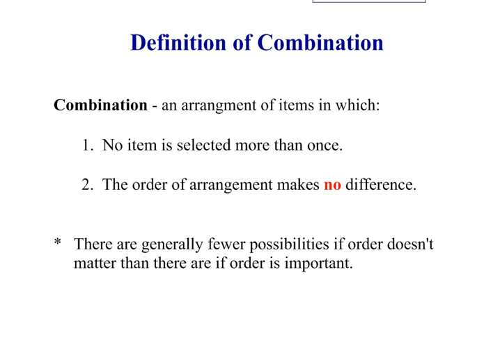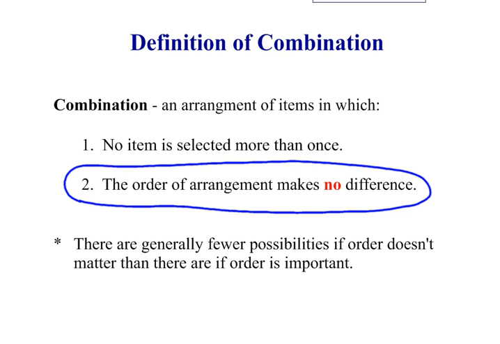As I previously stated, this second step here is the difference between a permutation and a combination. If the order of arrangement does matter, then we're talking about a permutation. If the order of arrangement does not matter, then we're talking about a combination.